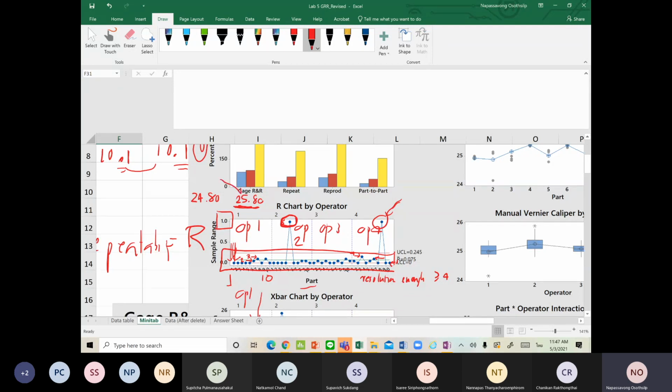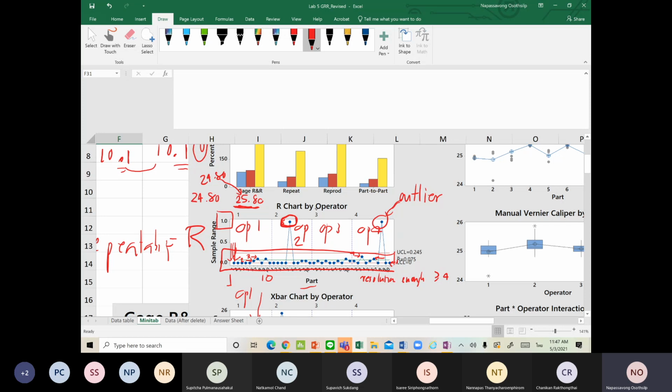Actually it should be 24.8, but he wrote it down wrongly, like 25 instead of 24.8. So that caused this number to be an outlier, a very abnormal number. When they found out, this was the reason.